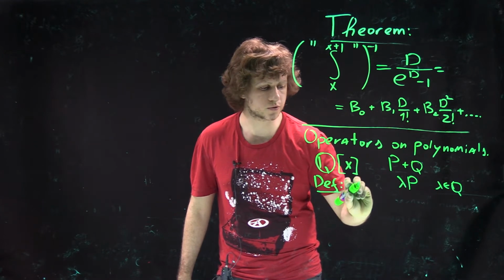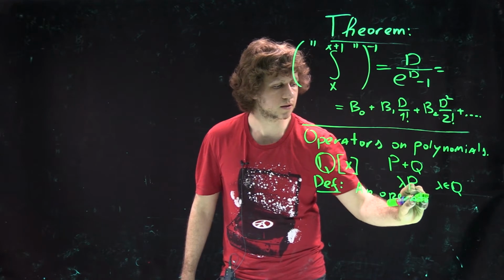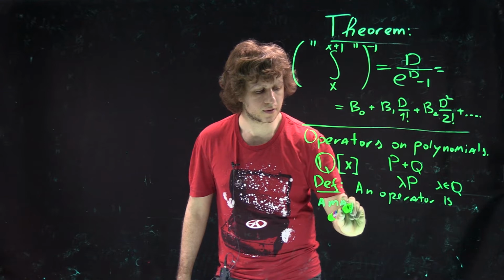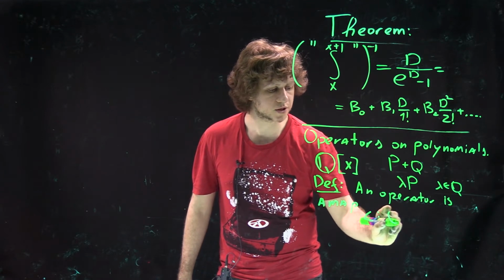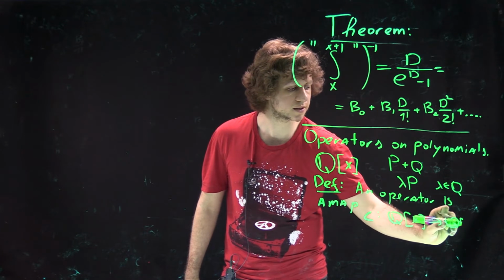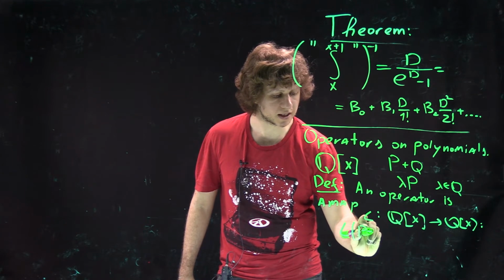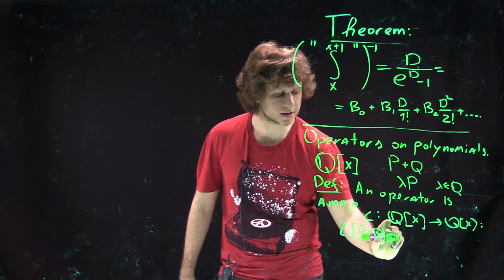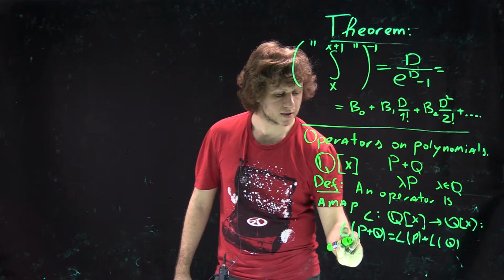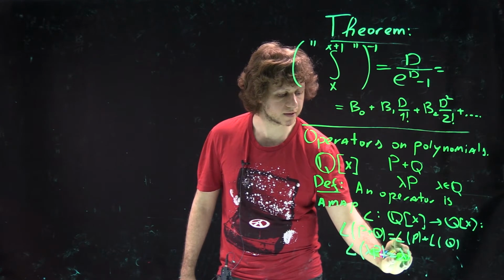So an operator, also called a linear map in linear algebra, is a map, say L, from this Q of x to Q of x. So something taking polynomials to polynomials such that L of P plus Q equals L of P plus L of Q, sending sum to sum, and sending multiplication by a scalar to multiplication by a scalar.